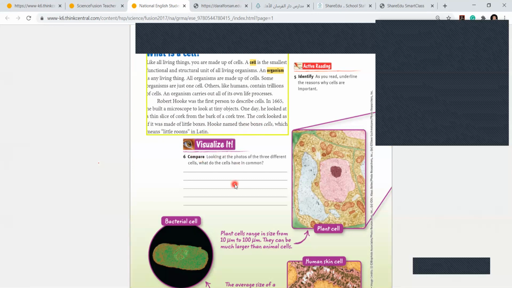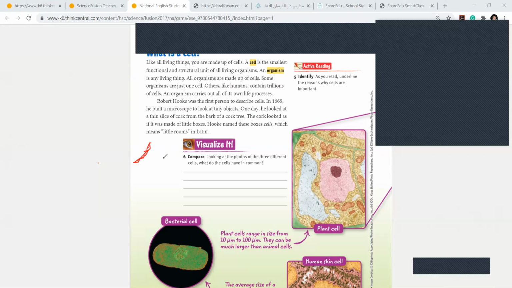For example, even on your hand, girls, if you look very carefully at your skin, don't you see those very tiny boxes, a shape like this, on your hand? These are tissues.